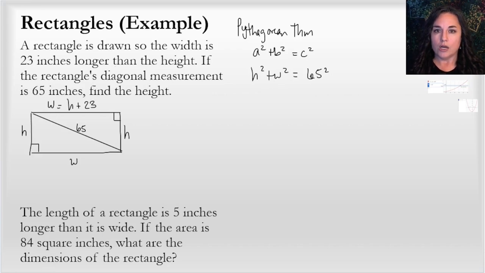Okay, so it says find the height. I'm noticing I have two unknowns. I have width and height. When I wrote this equation out here, I have a height squared and a width squared, and that's two variables. What would be ideal is if I got this equation in terms of one variable, and I can. They told me this other relationship.